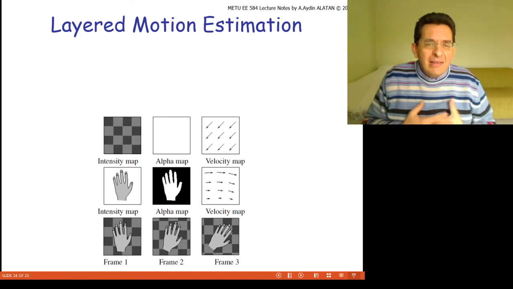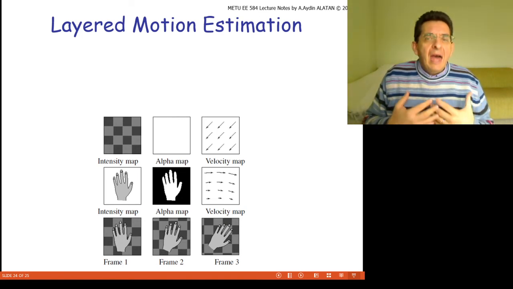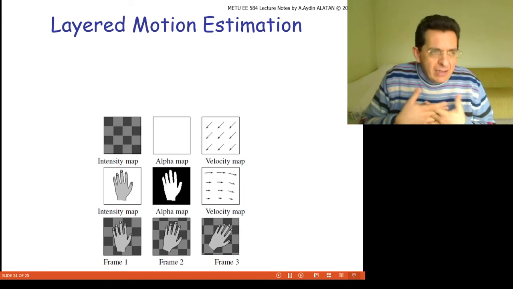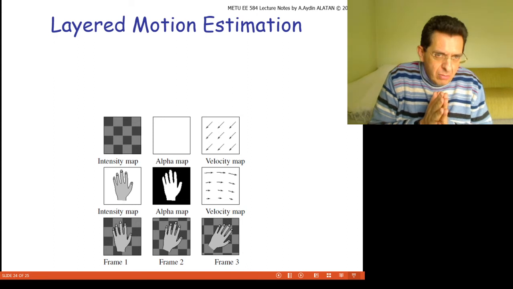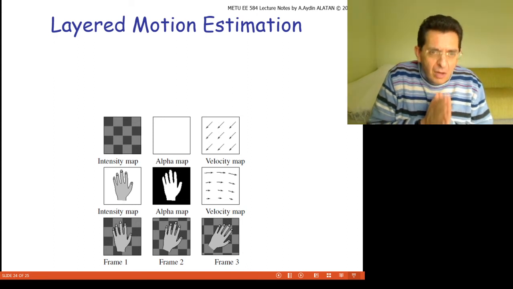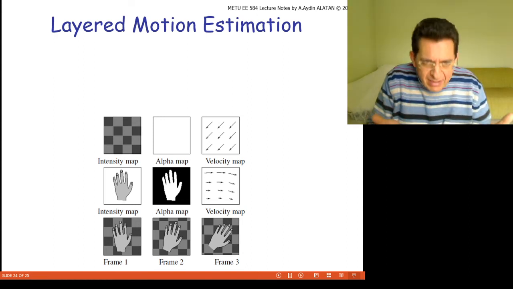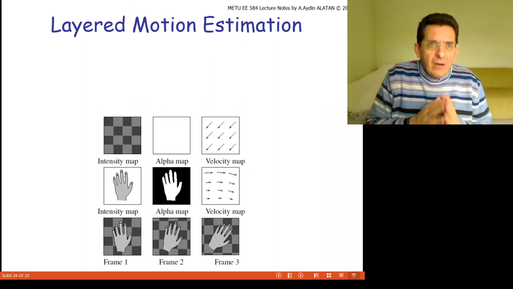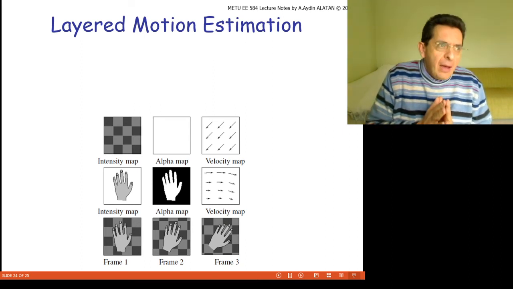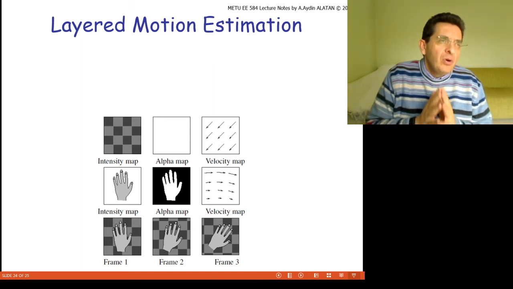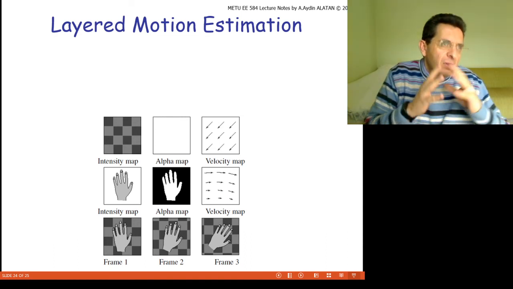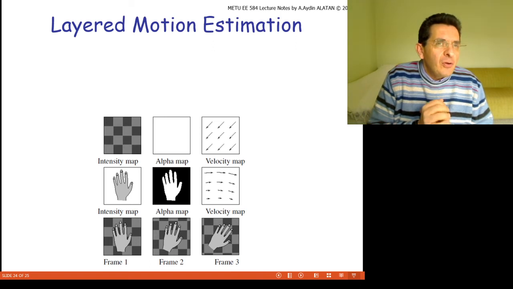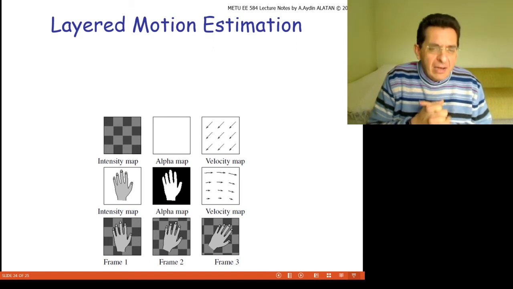In fact, there are different layers, and for all these layers, we have to estimate the individual motion. But unfortunately, we don't know the layers either. Therefore, for a good approach, we have to find not only the displacement of the layers, but also determine the boundaries of the layers.